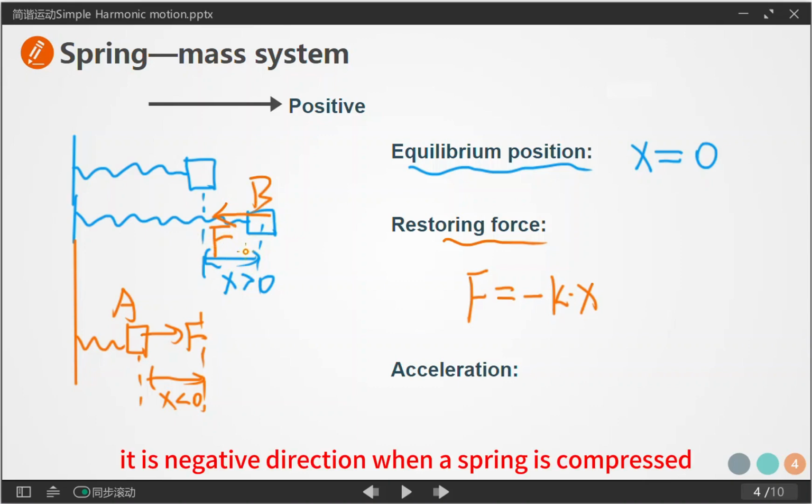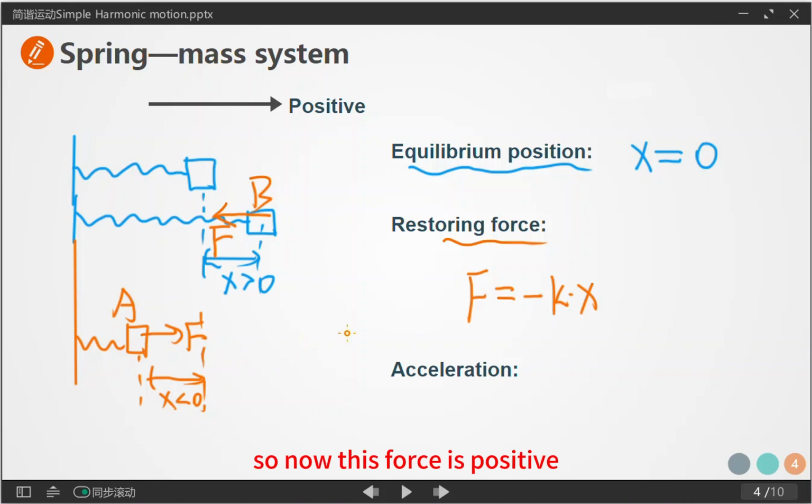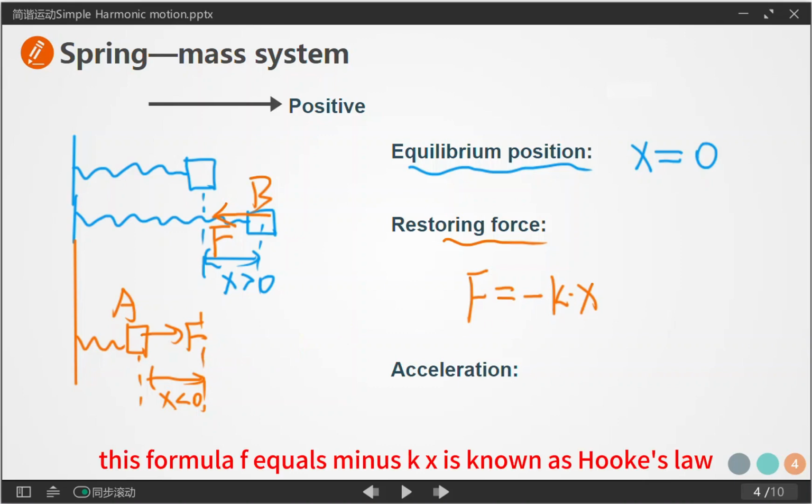It is in the negative direction. When the spring is compressed, x is negative and the restoring force is to the right. So now this force is positive. This formula F equals minus kx is known as Hooke's law.